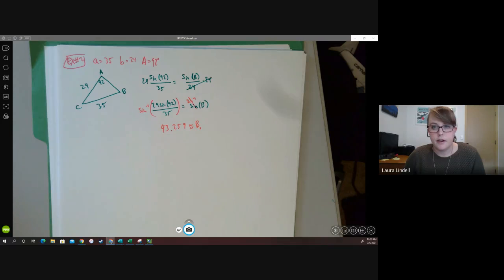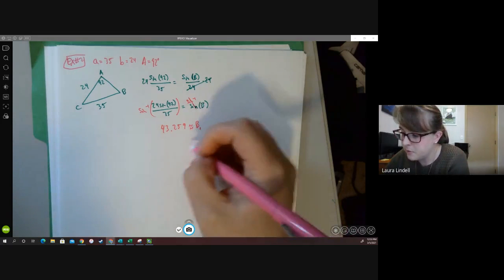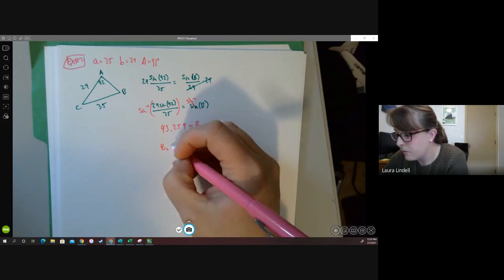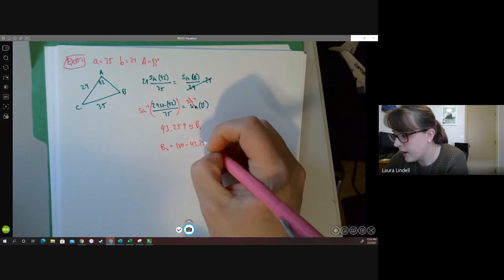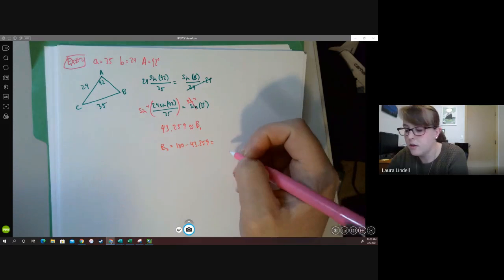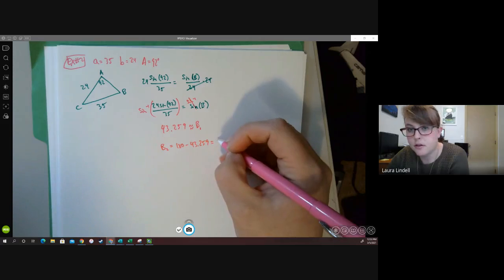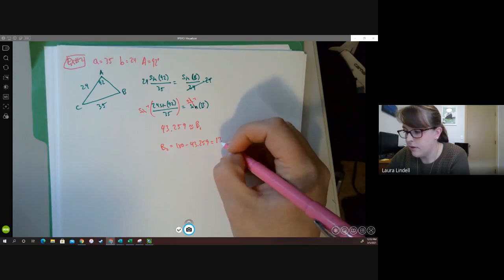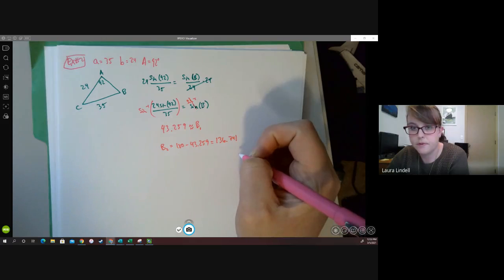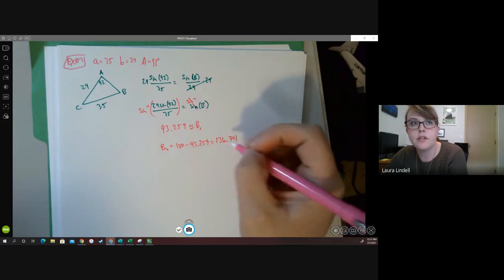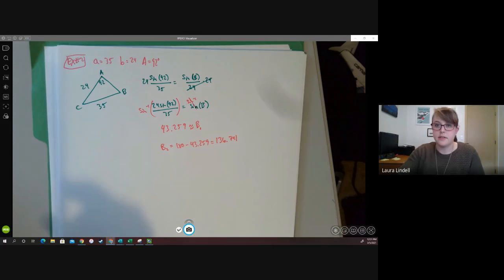just so that I can keep track of things a little bit better here. Then B2 would be 180 minus 43.259, which gives me 136.741. And now I want to check and see if both of these things work.